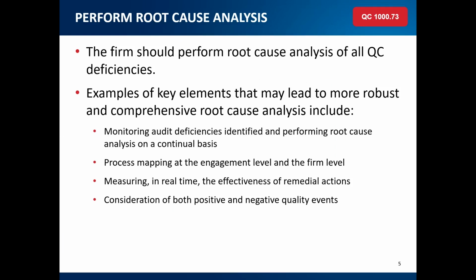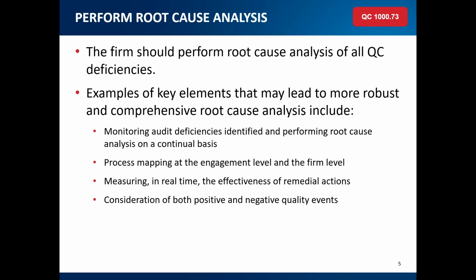Some example procedures include interviewing engagement team members and firm leadership, using proprietary tools to analyze large amounts of data, and considering available performance metrics such as engagement hours, training records, audit milestones, or partner experience.